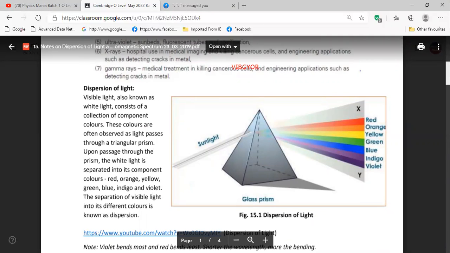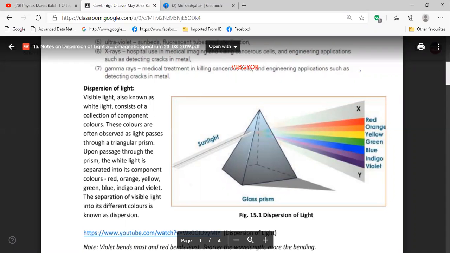The sunlight, which is white color, is divided into 7 different colors, and this is happening according to their wavelengths. So this process is called dispersion of light. Is it clear to you? Yes, sir.